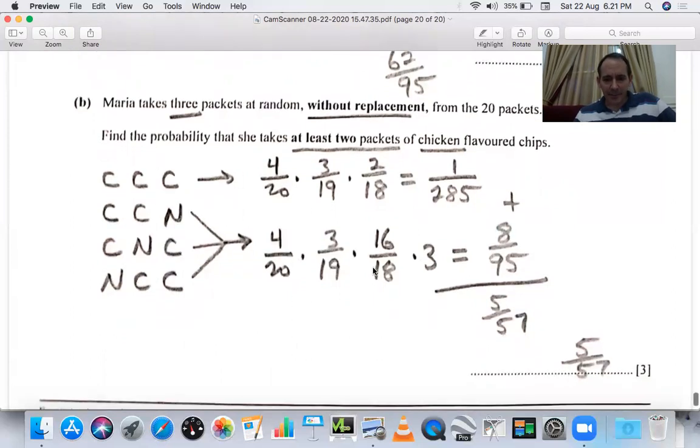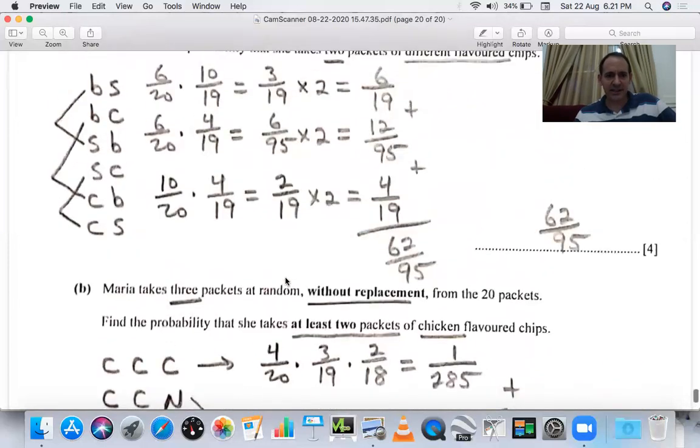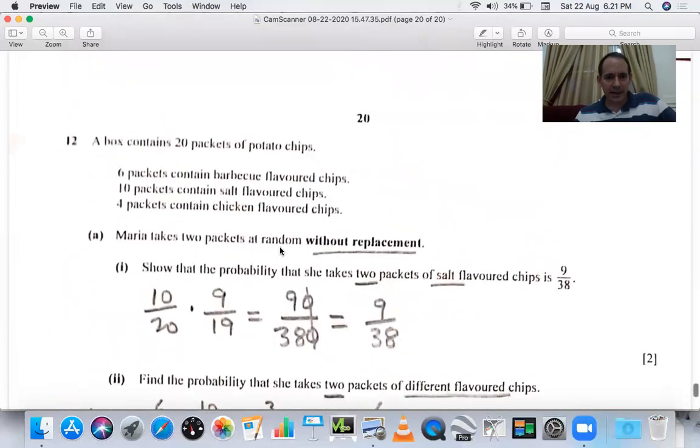The bottom numbers are going to go from 20 down to 19 down to 18 because you're drawing without replacement. And then you have a chicken, another chicken, so the 4 reduces to 3, and then the not chicken will always be 16 because you have 10 salts and 6 barbecue.